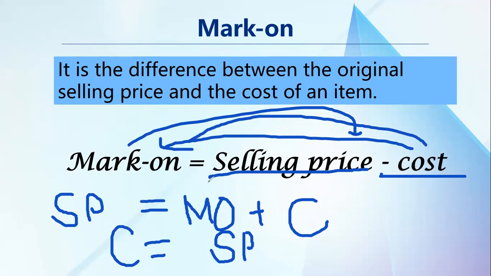Then the selling price will be added, subtracted, I mean, to your mark-on. Okay? So subtracted from your mark-on. Since the mark-on was positive, it becomes minus because it moved to the other side of the equation. Got it?